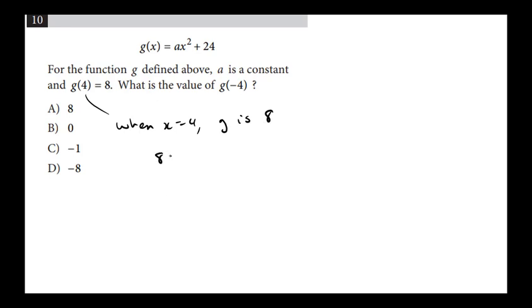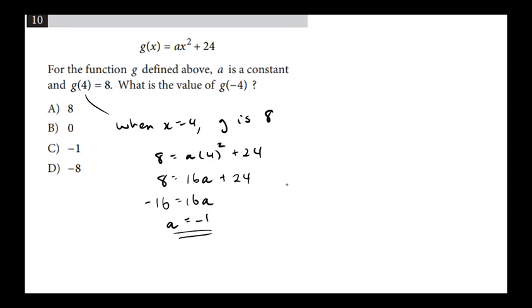So 8 equals a times 4 squared plus 24. So 8 equals a times 16, so 16a plus 24. Subtract the 24 from both sides and that will give us minus 16.